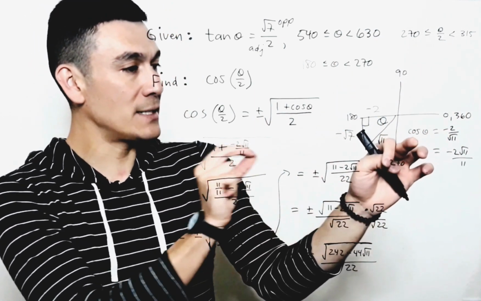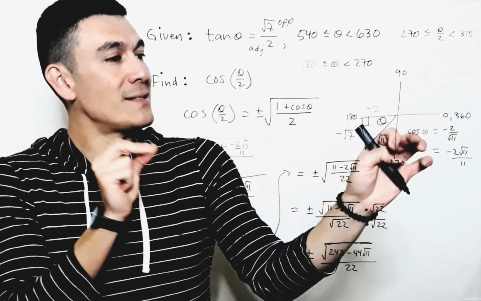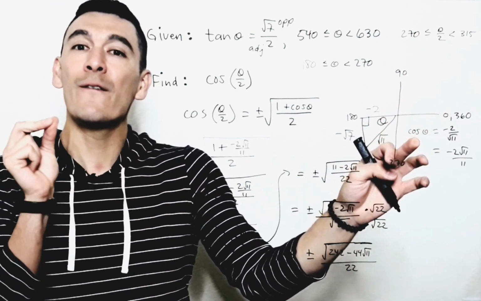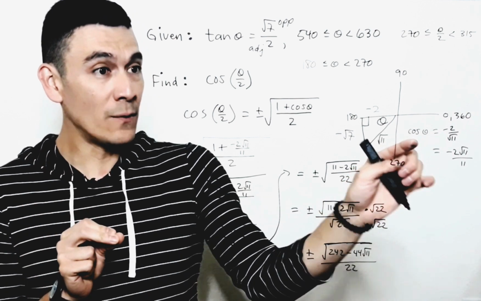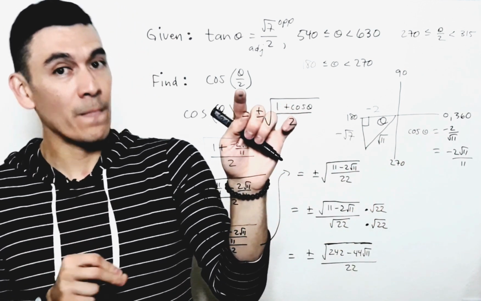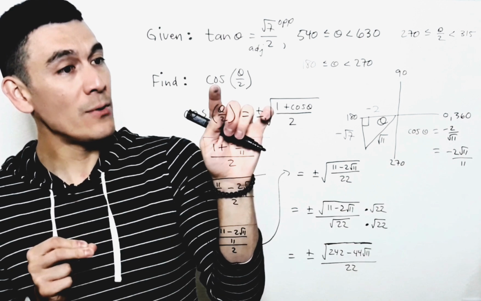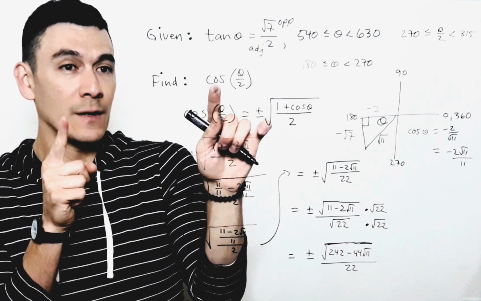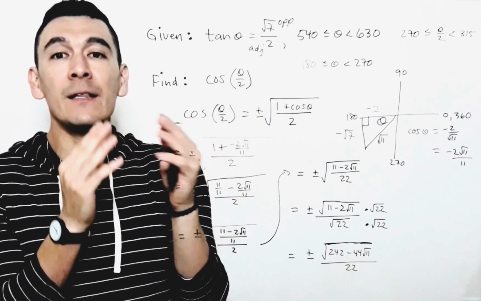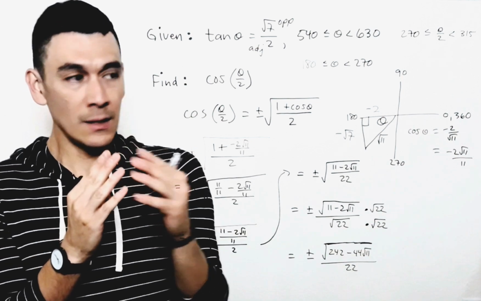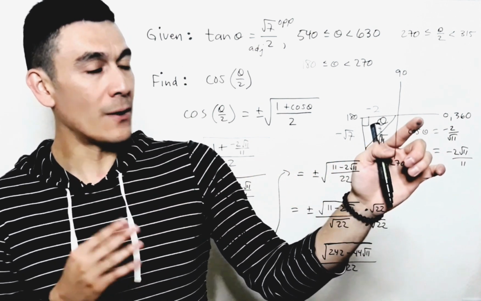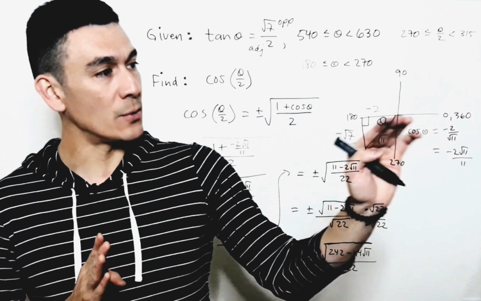So it's safely tucked in. Theta over 2 is safely located somewhere in quadrant 4. In quadrant 4, cosine is positive because cosine is affiliated with the x-coordinate, and in quadrant 4 your x-coordinates are positive because you move to the right.